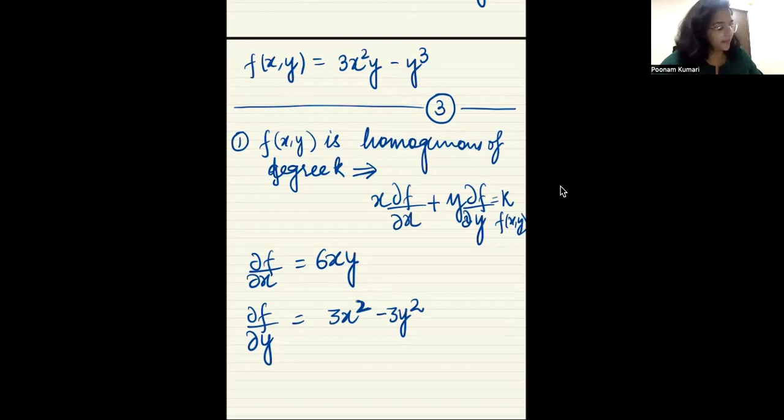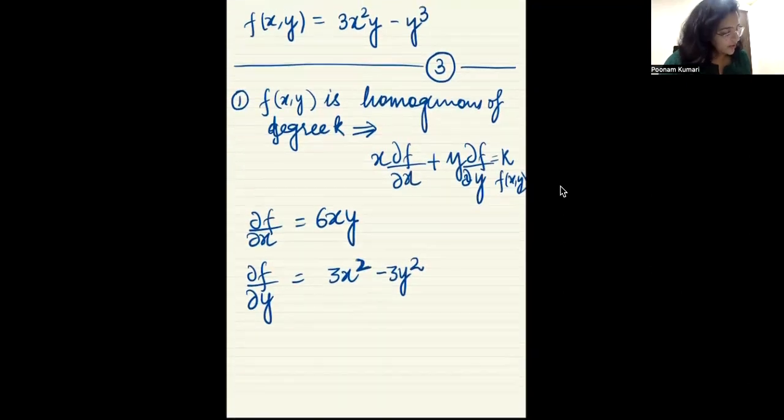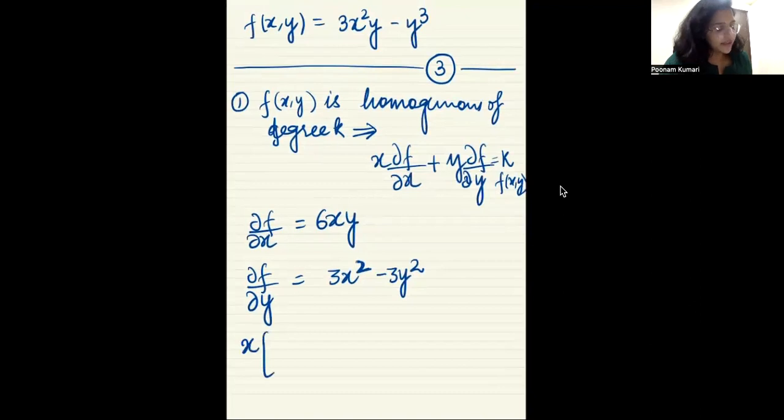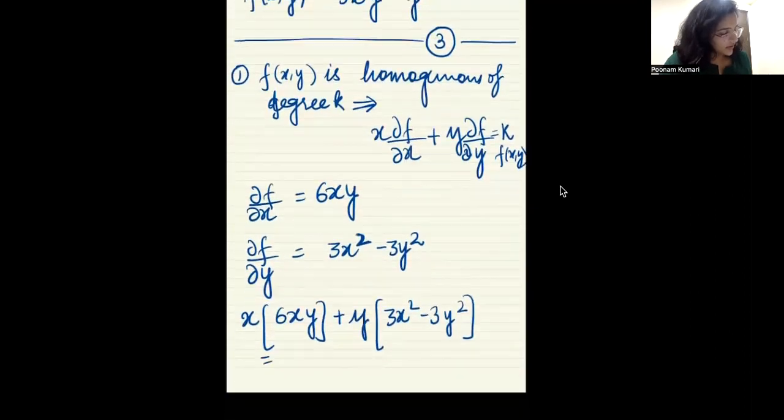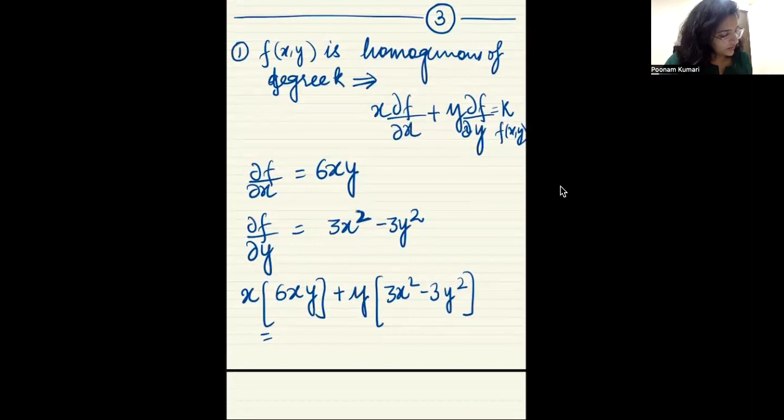Correct, ma'am. Okay. So now what do we have to do? We simply have to work out this equation. We have to find x times the partial derivative with respect to x, which is 6xy, plus y times the partial derivative with respect to y, which is 3x squared minus 3y squared, right? So this is 6x squared y plus 3x squared y minus 3y cubed, right?